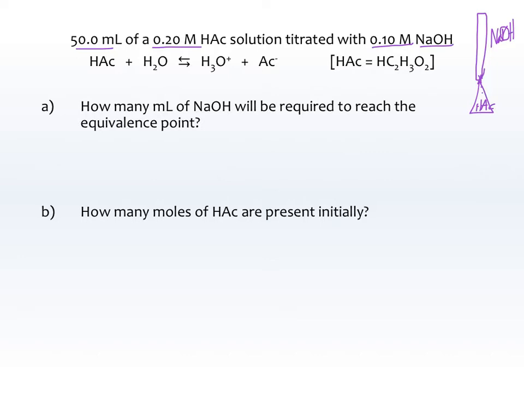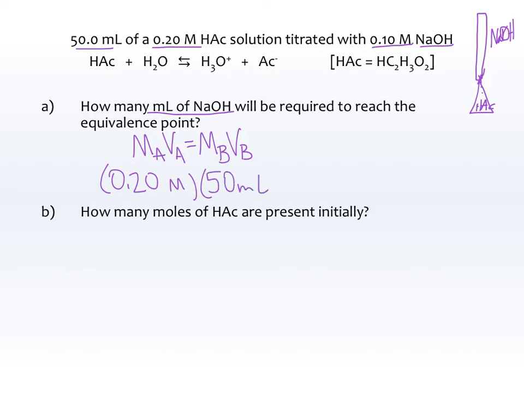So as far as the calculations, how many milliliters of NaOH will be required to reach the equivalence point? This is the same as it was with a strong titration. MAVA equals MBVB. The number of milliliters required to reach the equivalence point is the same whether it's a strong acid or a weak acid. So for the acid, that is 0.2 molar times 50 milliliters.